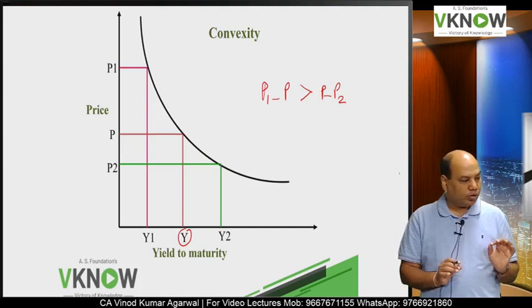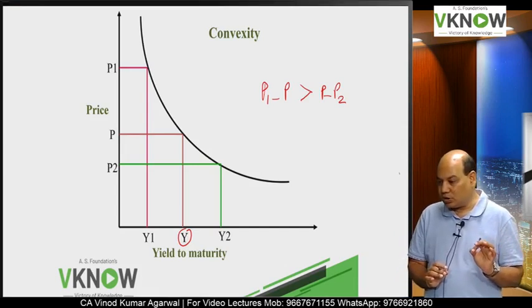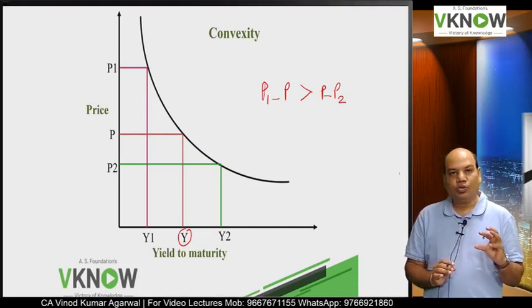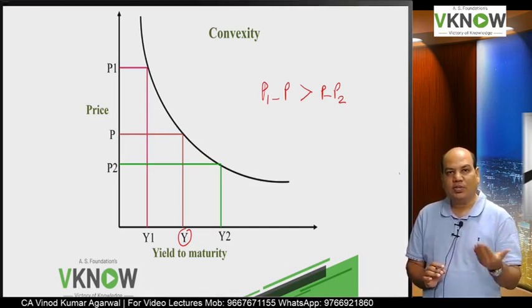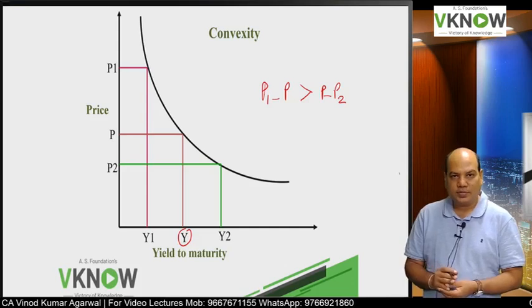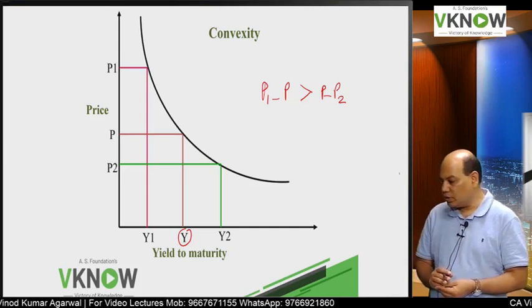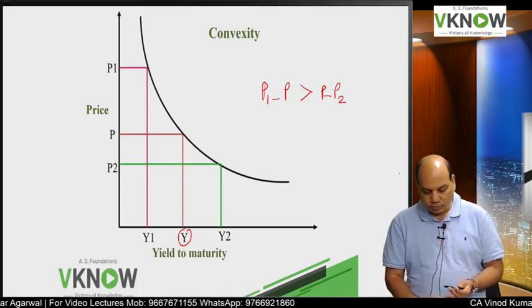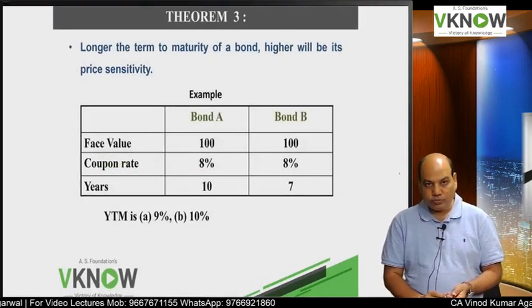There is one more area to be discussed, which is how to calculate that convexity and how to use the convexity to estimate the bond prices. If we know the convexity, we can estimate the bond price for a given change in YTM. So this was my theorem number 2.